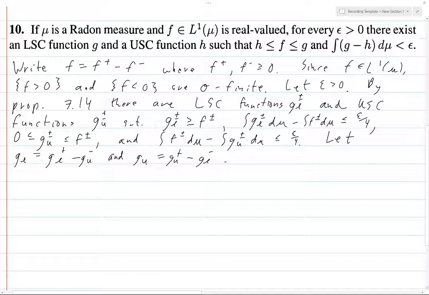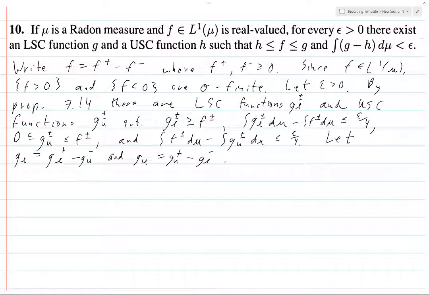But I'm not going to call them g and h. I'm going to call them GL and GU. Because when you have g and h here, you're thinking, what do those mean? Which one did I choose? Whereas here, you've got the subscript that tells you what it is. This is an L here, so this must be the lower semi-continuous one. So I think it's helpful notation.